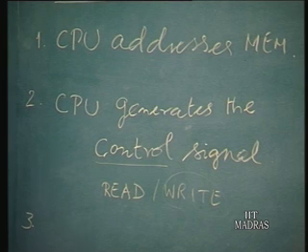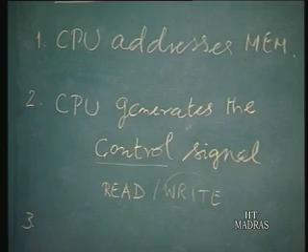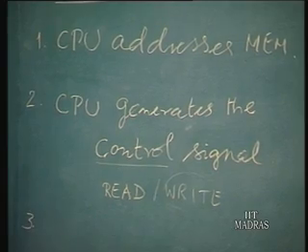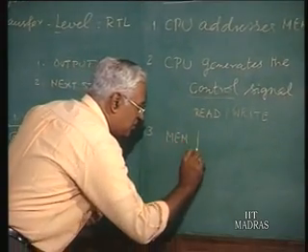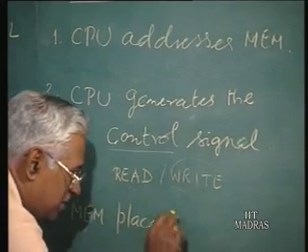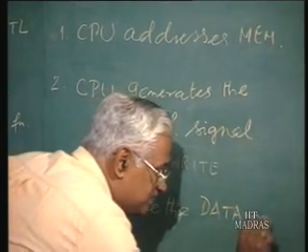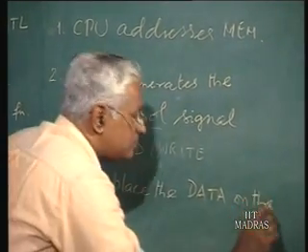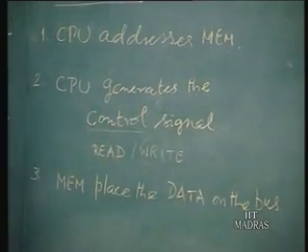Now the CPU addresses the memory, the CPU generates the read signal. Now as a true slave, memory must respond and memory must place the data on the bus, so that the CPU may read this data.